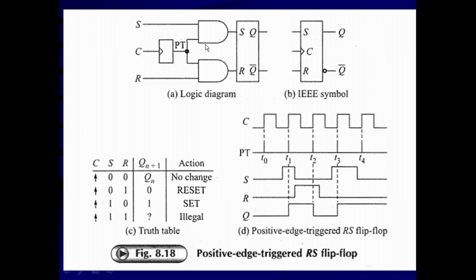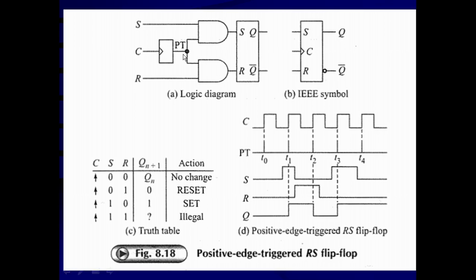One of the inputs of these two AND gates is going to be common, and that will be utilized as a clock. The other two inputs are designated as S as well as R. So S and R are the control inputs which can set or reset this flip-flop while the enable input or clock input is going to be high. This is your gated flip-flop.